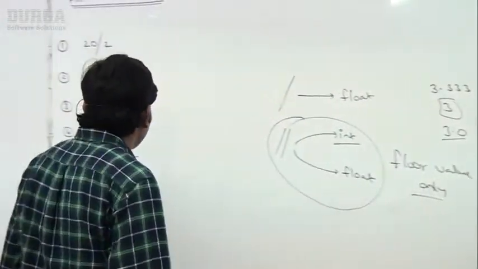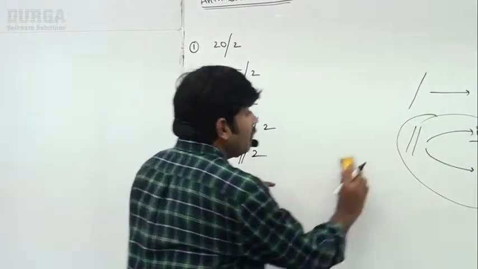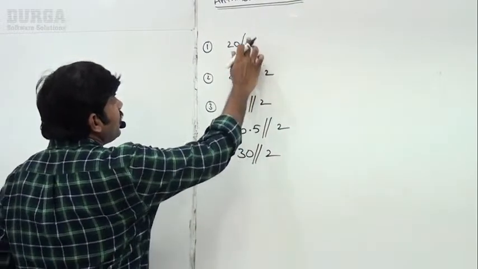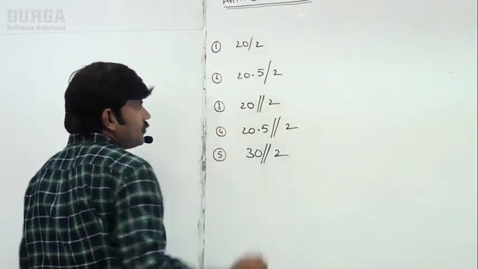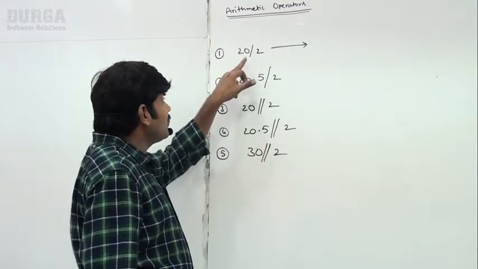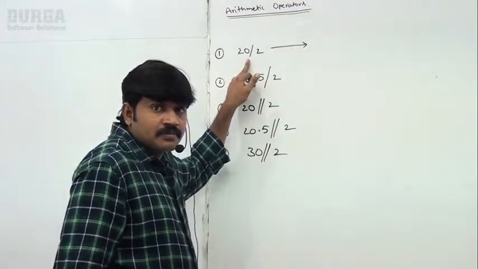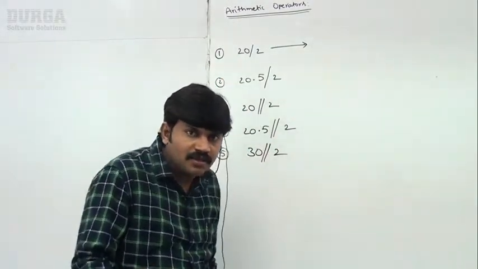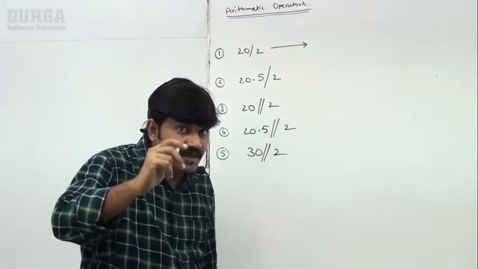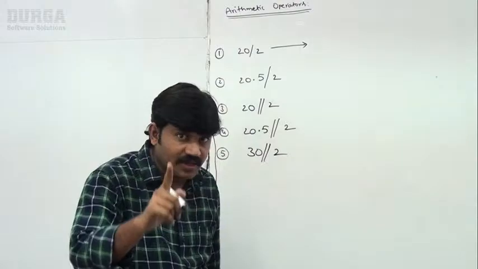Okay, sir, now can you please confirm? Take very special care about this one. 20 normal division 2, sir. Can you please tell whether the result is float or int? Respond, man. The result is always float, because normal division operator result is always float in Python 3.x.